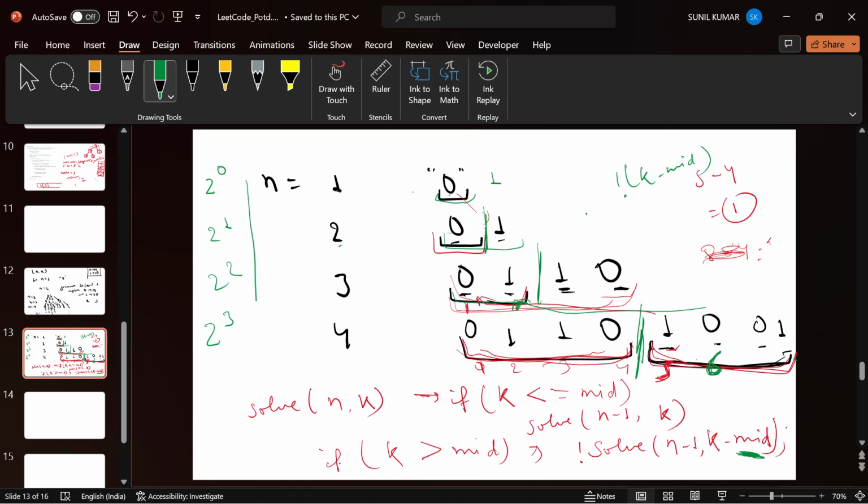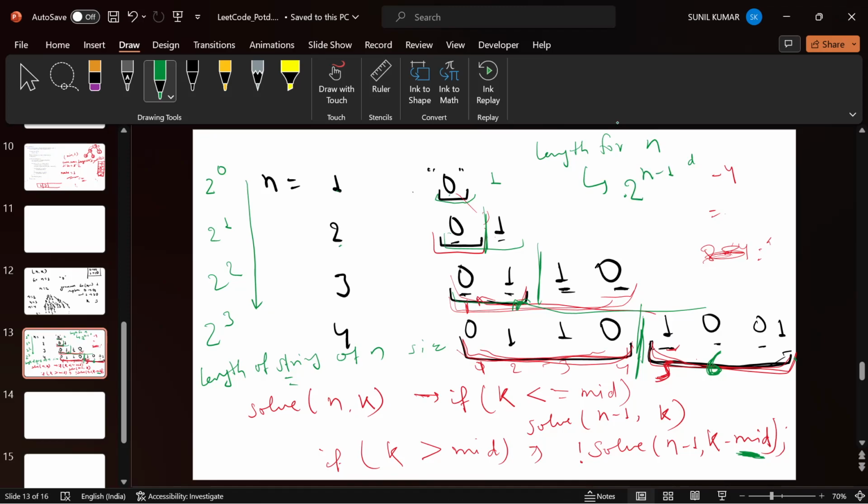So from here, you can observe that the length of a string for n size will be 2 to the power n minus 1.